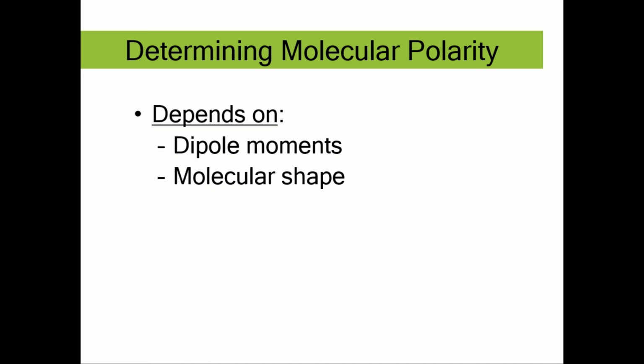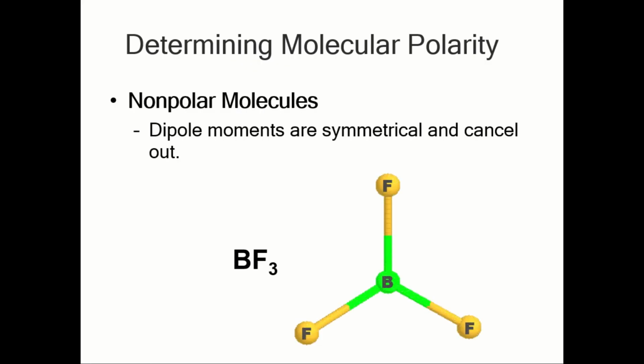For the dipole moment, we focus on the direction of the dipole moment. As I have said, even if the molecule has polar bonds, it doesn't mean that it's a polar molecule. We have to depend on these factors, the dipole moments and the molecular shape.